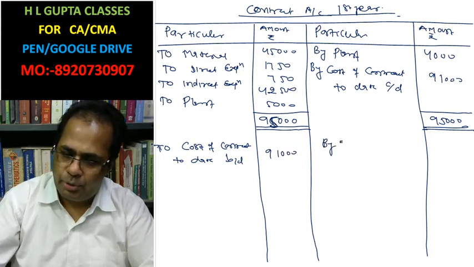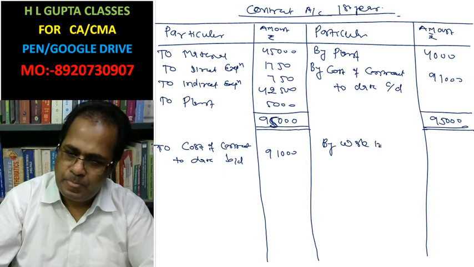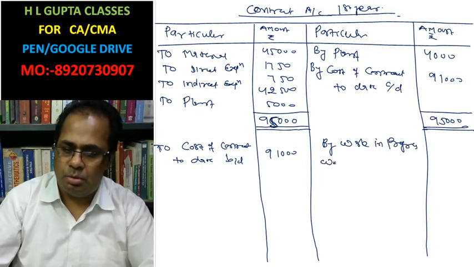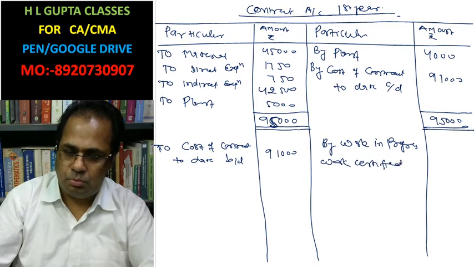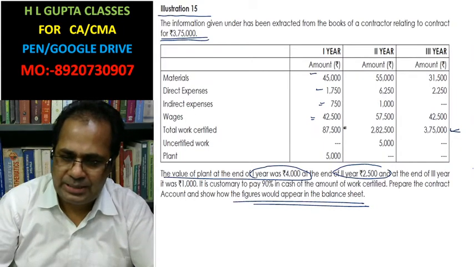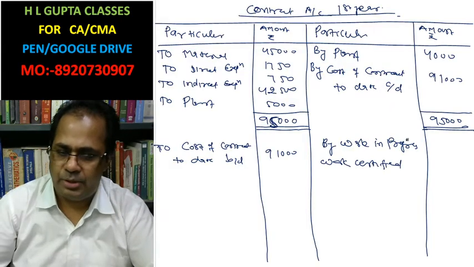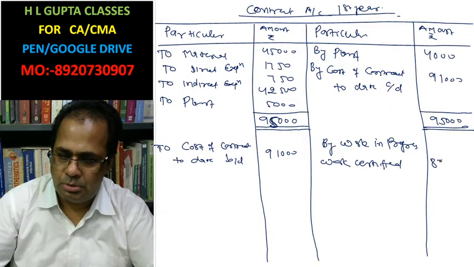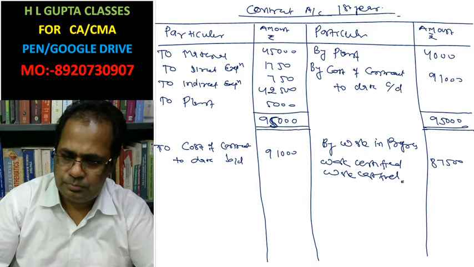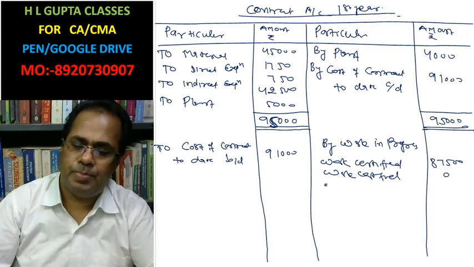By work in progress: work certified 87,500, work uncertified here is 0.